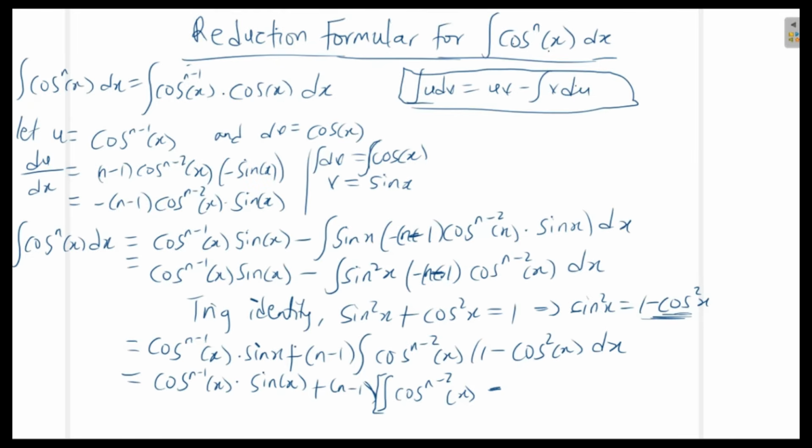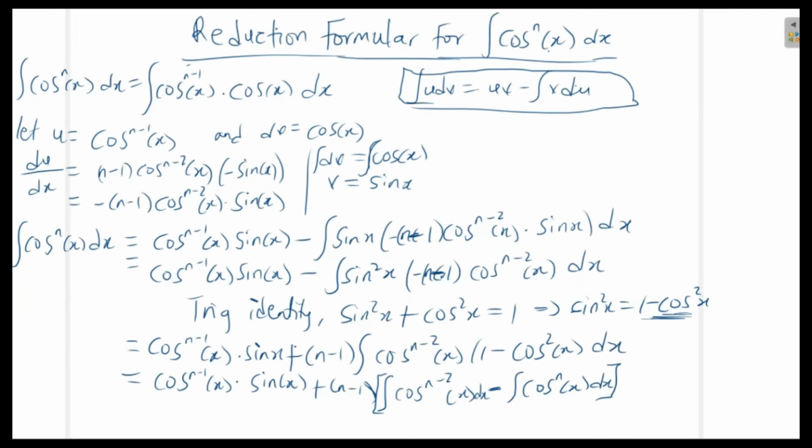Notice that the bases are the same, so we add the exponents, and n minus 2 plus 2 will just be n. So we have the integral of cos to the power n of x. Can you see? Of course, I can introduce dx for each side.